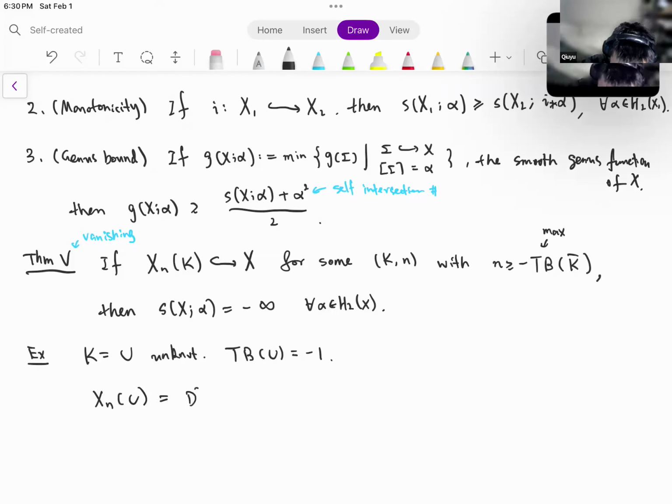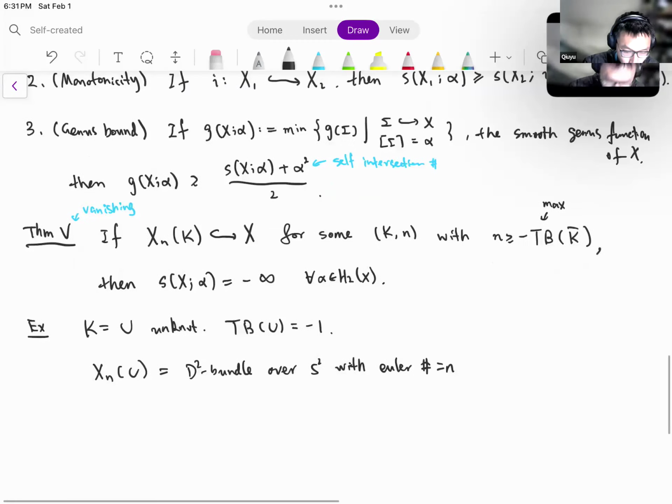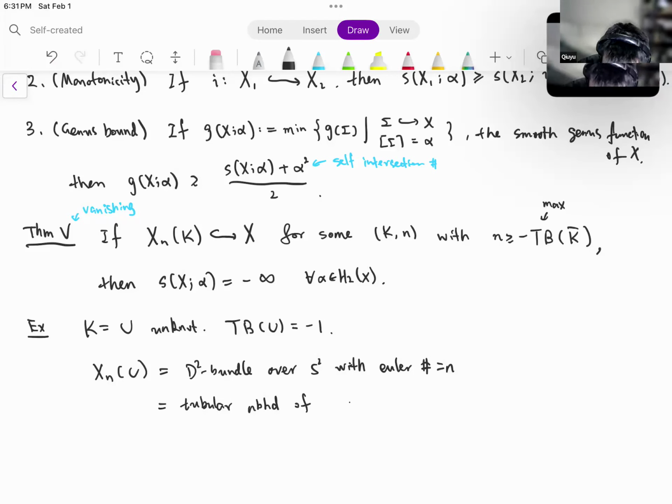Well, this is nothing but the D^2 bundle over S^2 with Euler number n. But in the four-manifold context, you can also realize this manifold as a tubular neighborhood of a smoothly embedded two-sphere inside a four-manifold with self-intersection n.